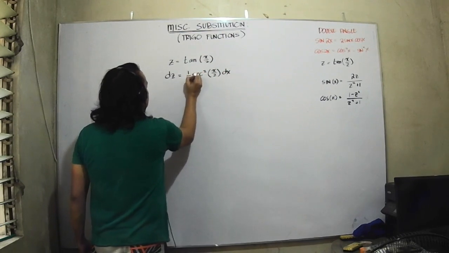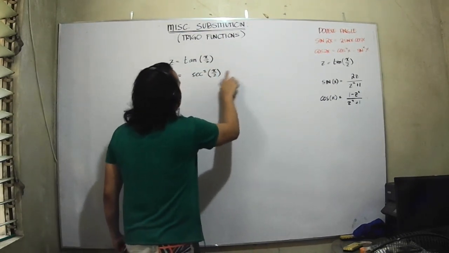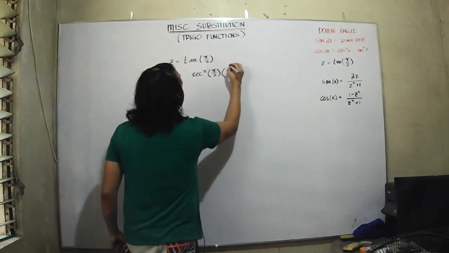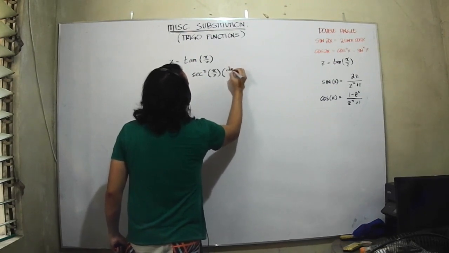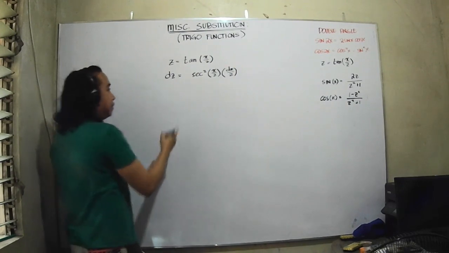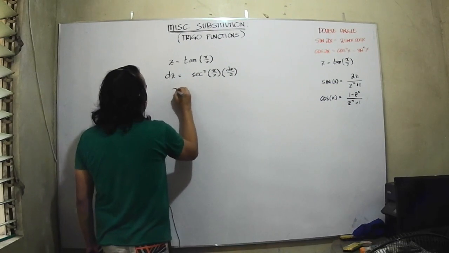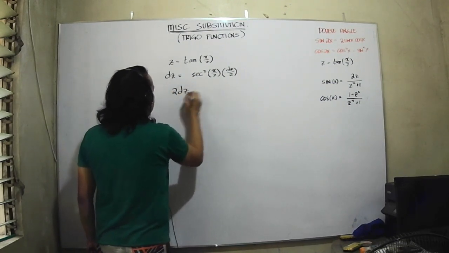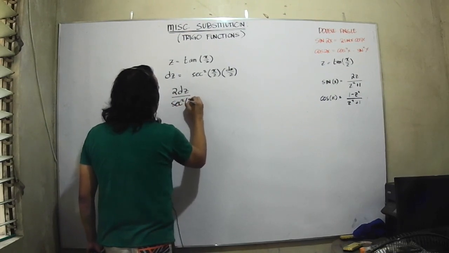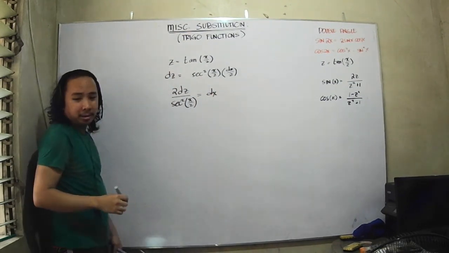The derivative of the inside is the secant squared, times the derivative of the angle, which is dx over 2. That is the derivative of the angle. So we have something like this. Now I transpose this, because I will have 2 dz divided by secant squared x over 2. So this is what we define as dx.